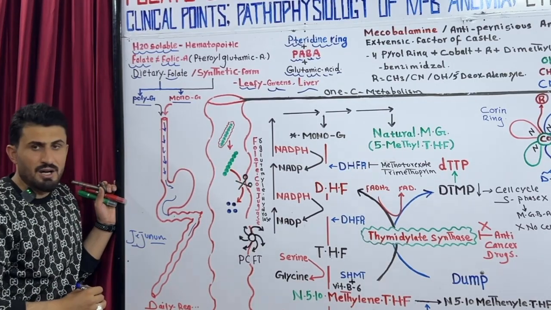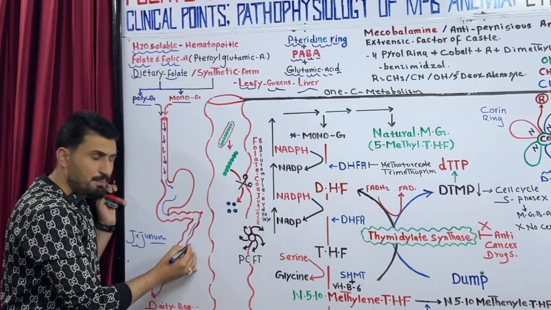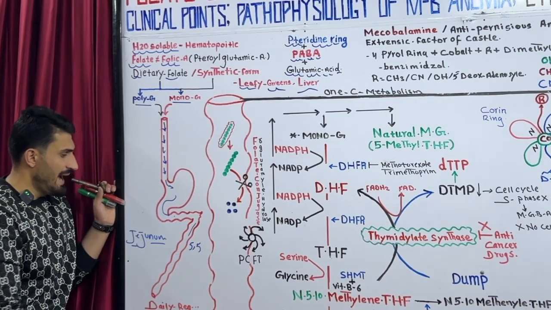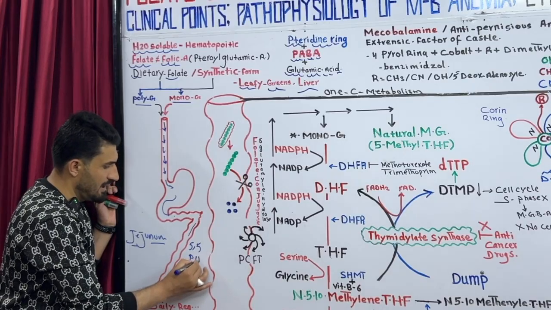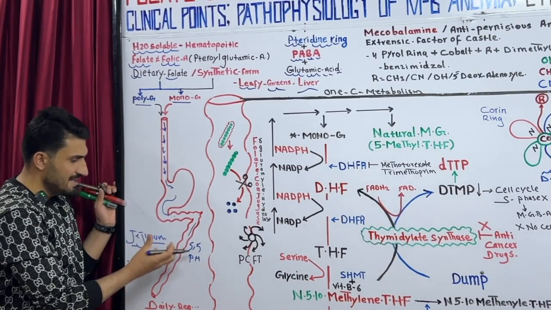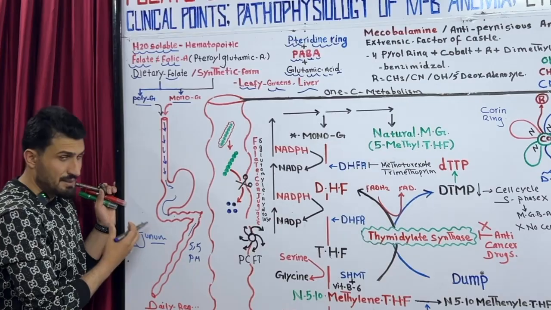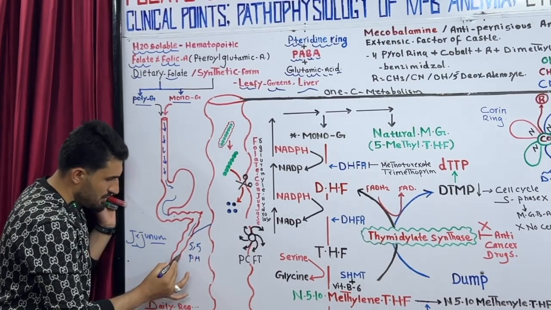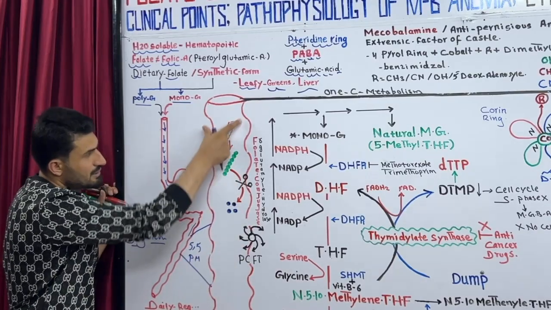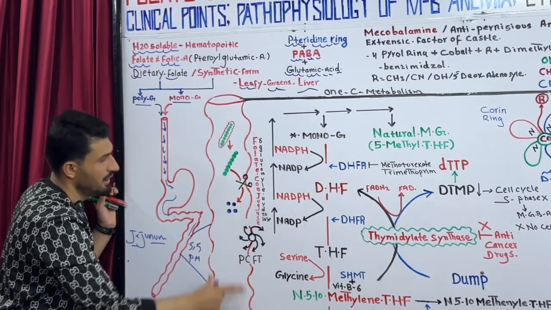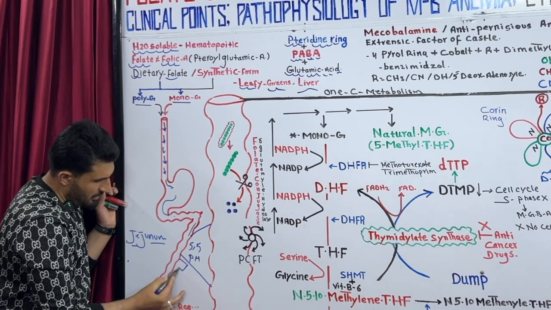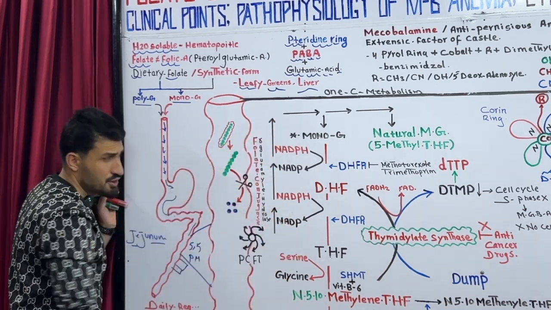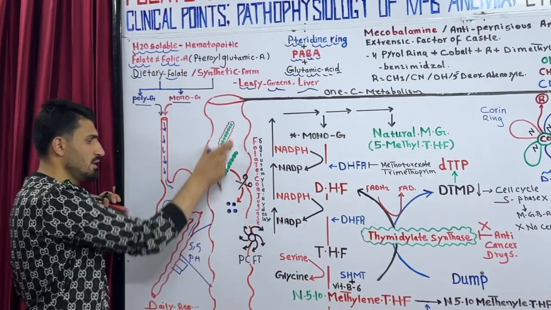So in the first part of the jejunum, where the pH is around 5.5, and it's a bit acidic, this is the place for digestion and absorption of folic acid. Now I'll zoom into this part of the jejunum. So this is the lumen of the jejunum here, and because the jejunum is made of cells, this is called an intestinal cell or jejunal cell.